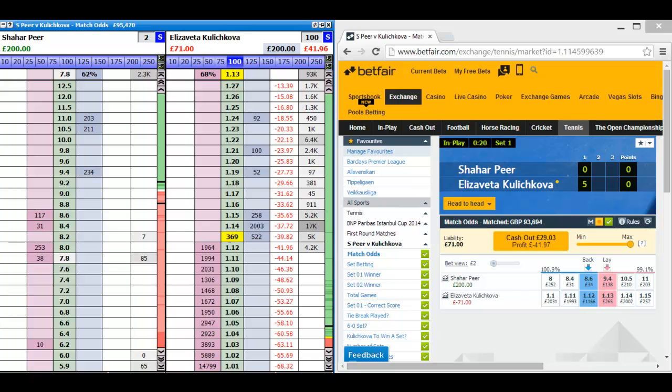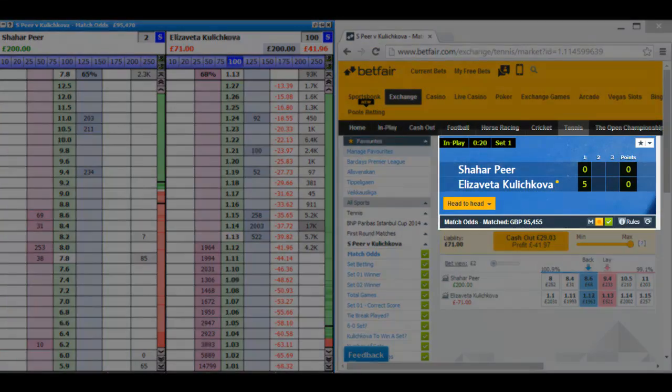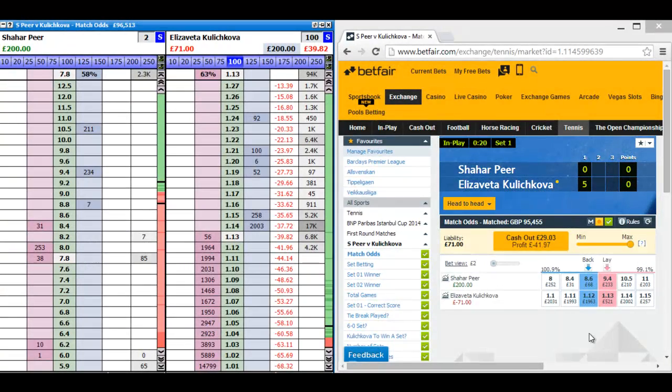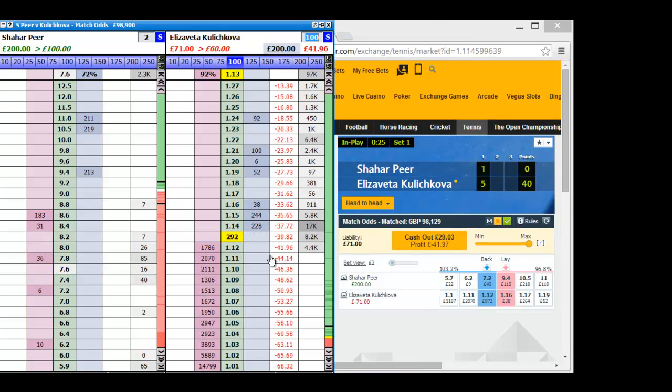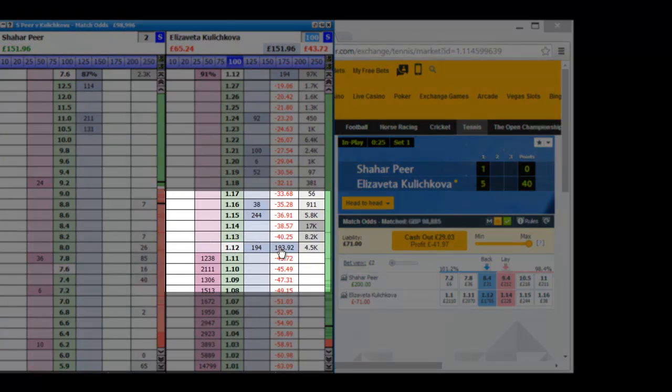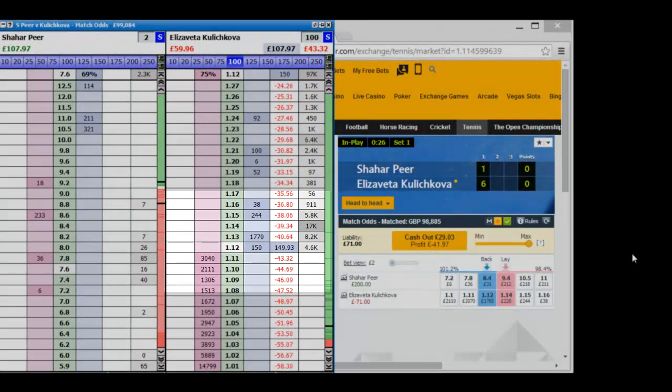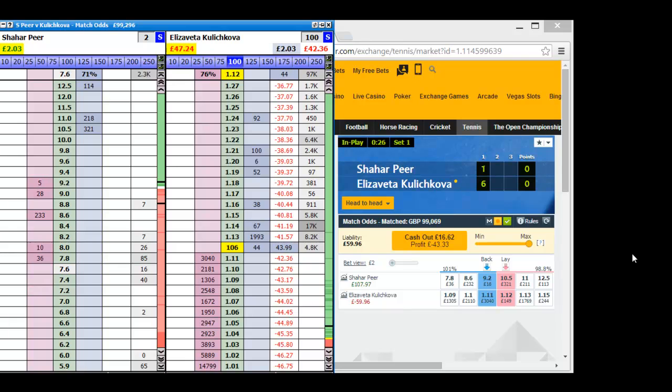If the favourite races into a very easy first set and she wins that, which she looks like she's going to be doing on cruise control, she's now 5-0 up, then we're going to lay Kulichkova again for the start of the second set. The odds that we'll be able to get on Kulichkova, having almost virtually won the first set, will be around 1.12, and we've put in a lay here.